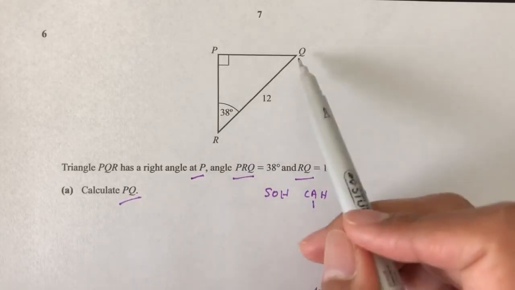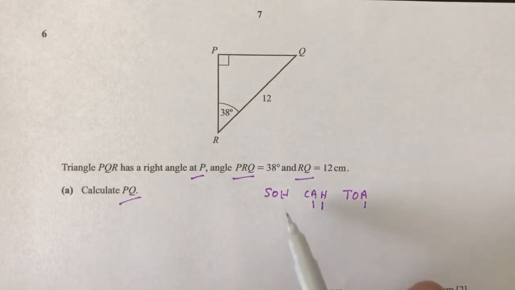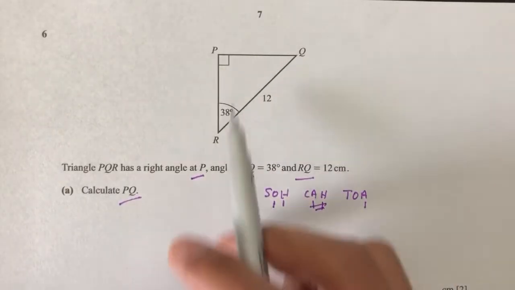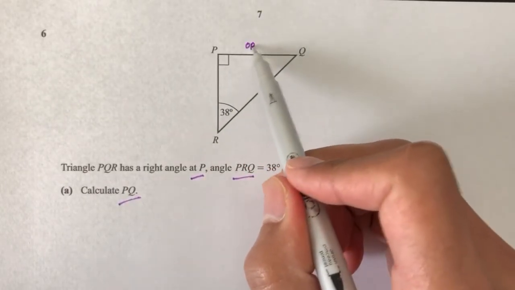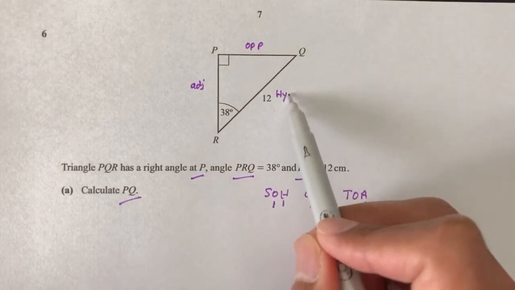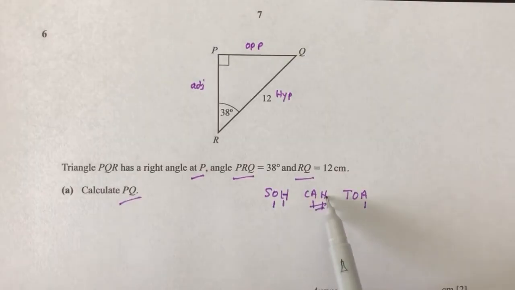We know that we have actually hypotenuse. We're trying to find the opposite side. So we have to use sine because we're trying to find PQ, not PR. PQ will be the opposite side, and this is the adjacent side, and this is the hypotenuse. So we know the hypotenuse, and we're trying to find the opposite side, so sine.